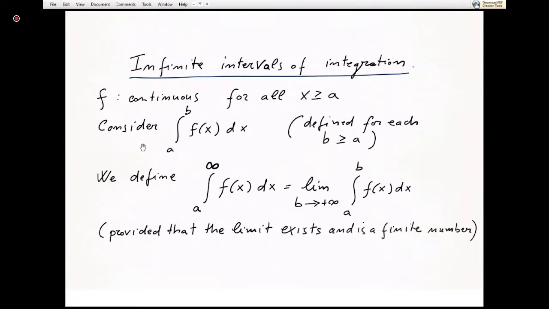So, in principle, we should first compute the integral between a and b, and then let b tend to infinity and see what happens. Okay, so this is the basic idea. Provided that the limit exists and is a finite number, of course, in the sense of limits. I mean, the limit must be a finite number in order to be a limit, okay? Not plus infinity.